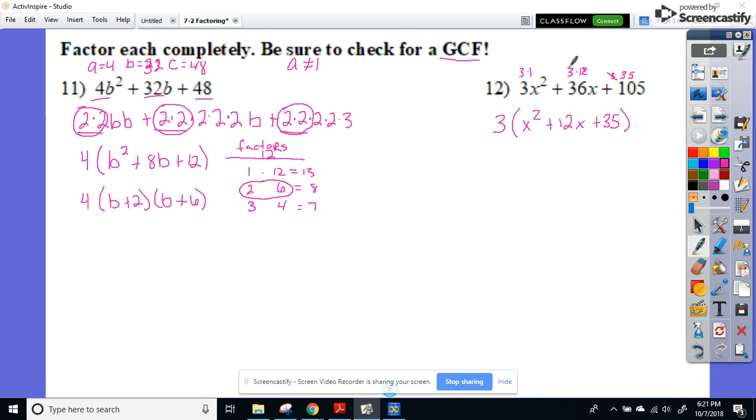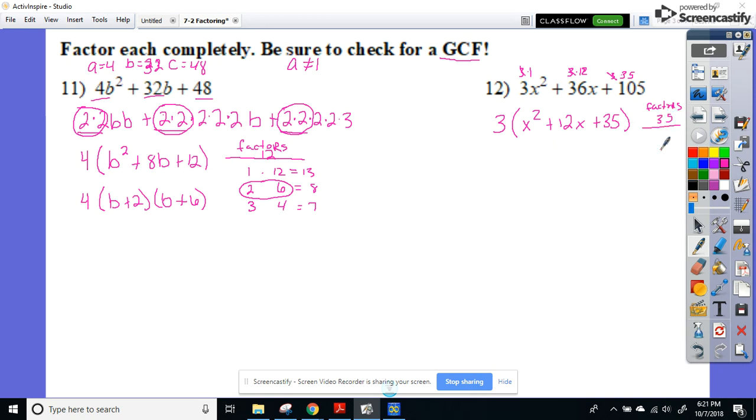Okay, the 3 came out. And that left me 1 coefficient from the x squared, a 12 coefficient in front of the x, and then the 35. So we're going to do factors of 35 because why? We now have a trinomial that has a leading coefficient of 1.